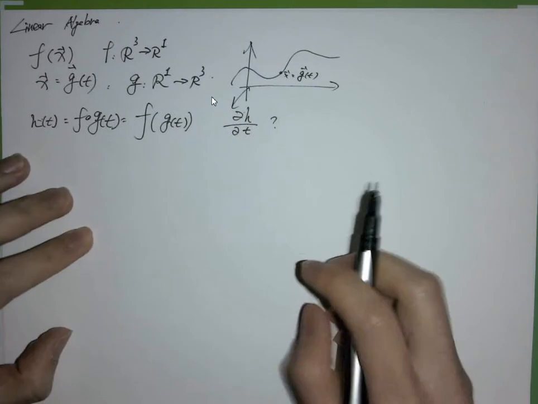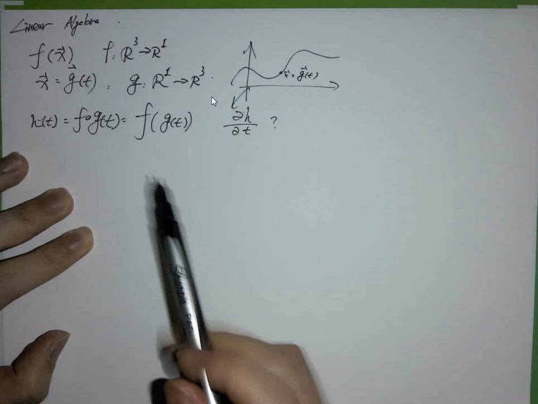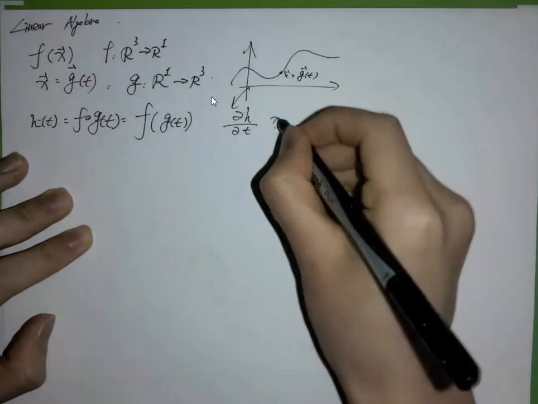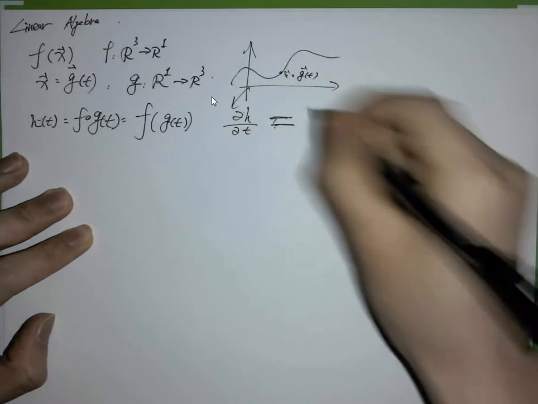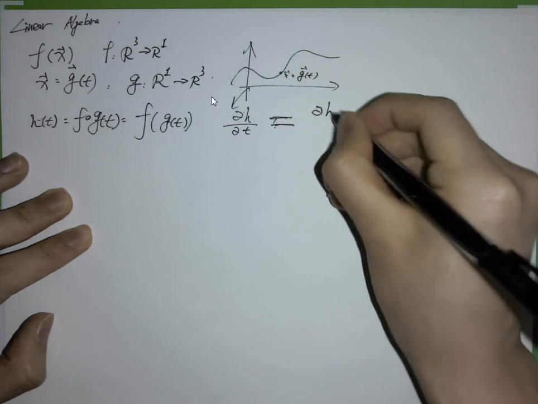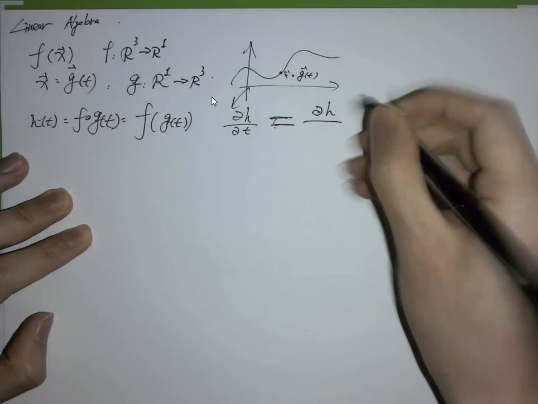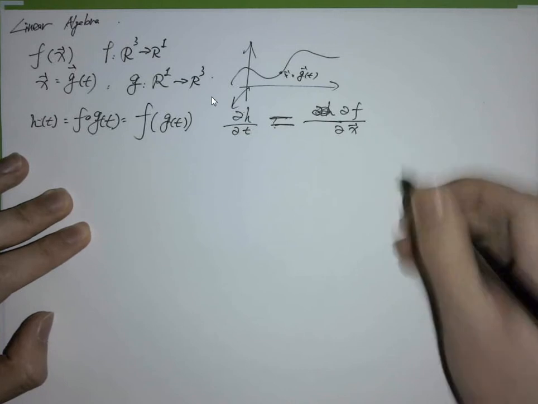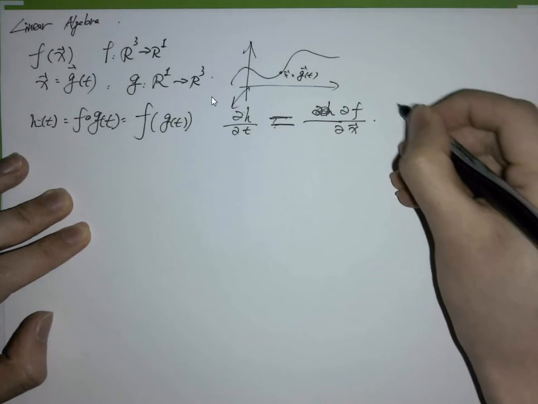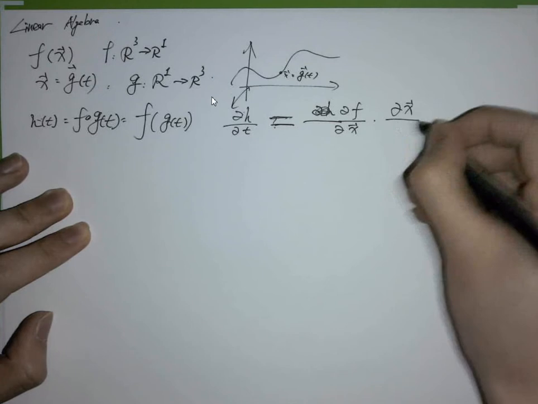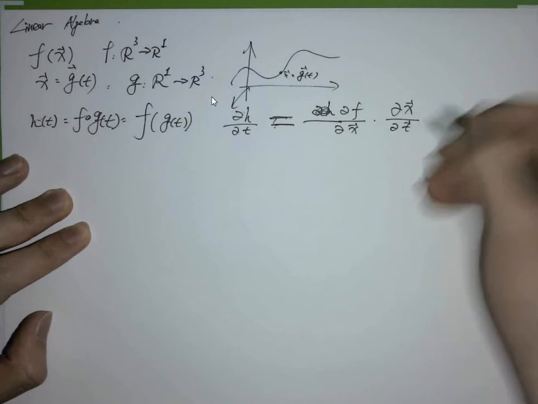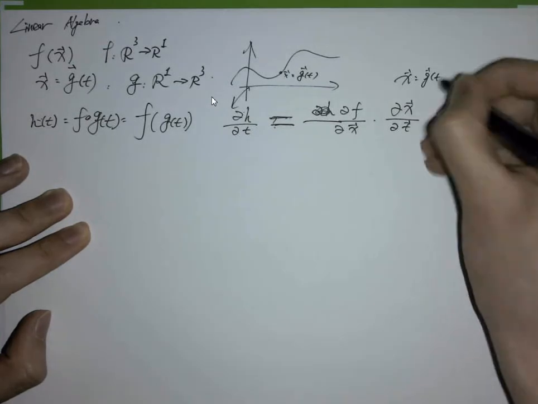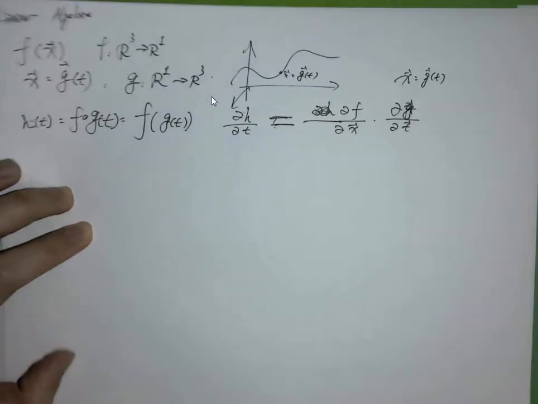But if both g and f are more complicated and it's really hard to compute them at once, we can apply the chain rule. I can compute df/dx first and multiply by dx/dt, where x equals g(t), so it's more like dg/dt.